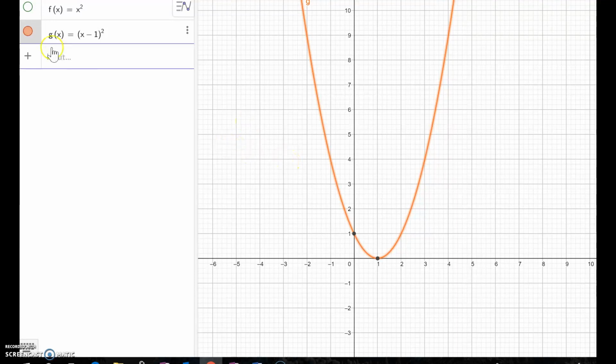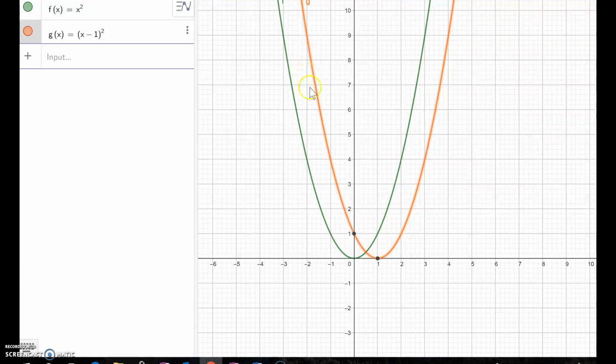So let me display both graphs on the same plane. The green one shows the parent function y equal to x squared. The orange one shows g(x) equal to (x minus 1) squared. So what do you see here? If you look carefully, maybe it can be obvious. The vertex point was (0, 0) before, but now it's moving to (1, 0).